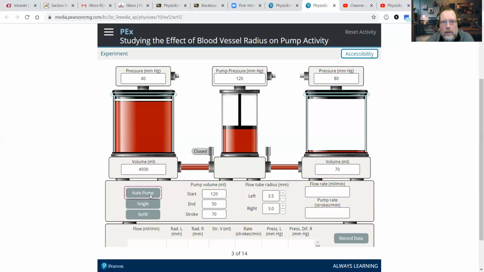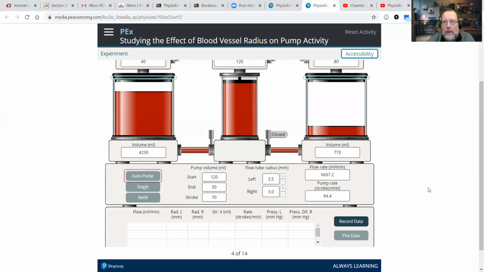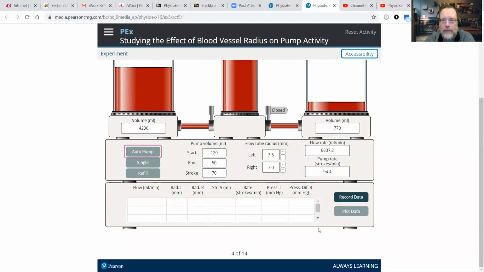Okay, so auto pump. We had 70 in there already, so we added 10 more strokes, 70 per stroke, so that's 700 plus the original 70. Gave us that 770 milliliters.